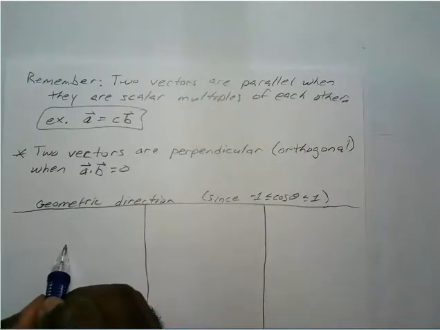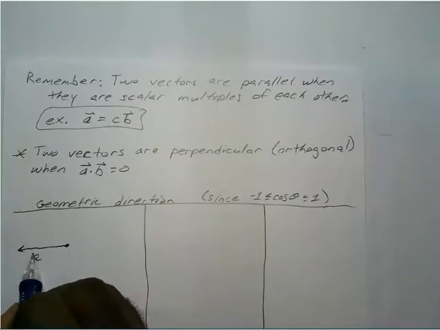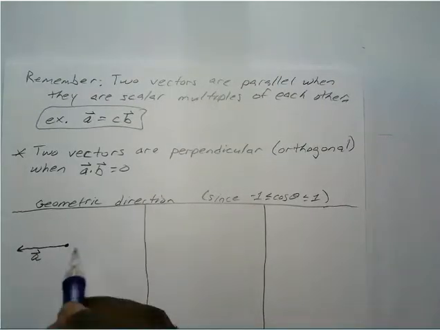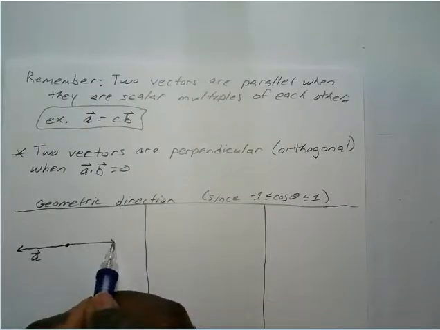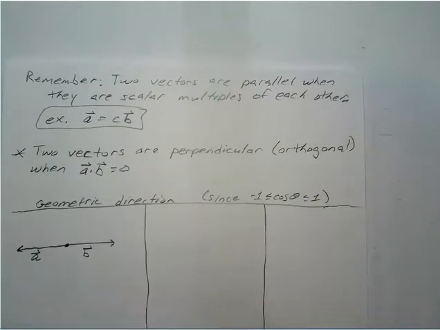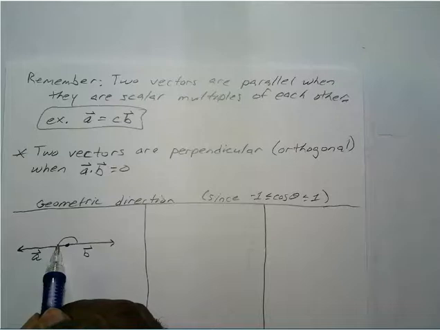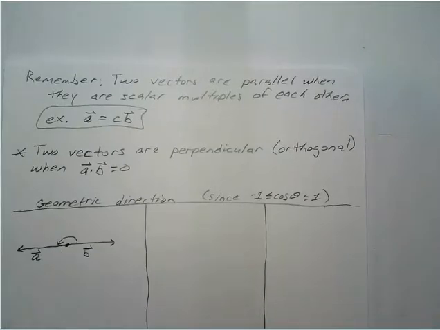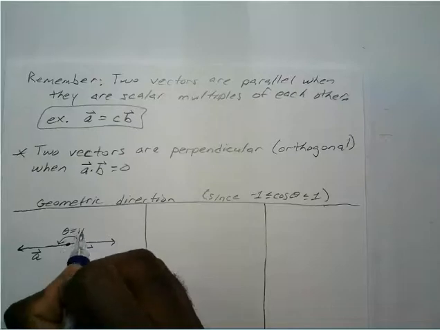So what if we have vector A going this way, and vector B attached at the same initial point goes in the opposite direction? Then the angle between vector A and B is 180 degrees, or theta equals pi.